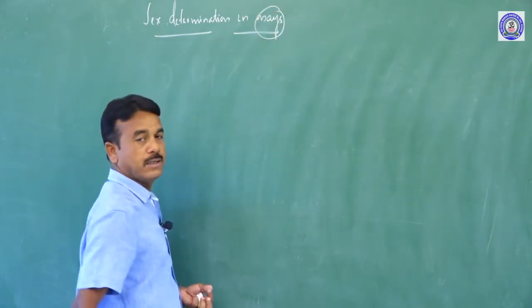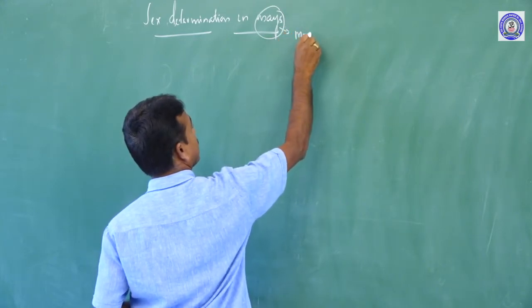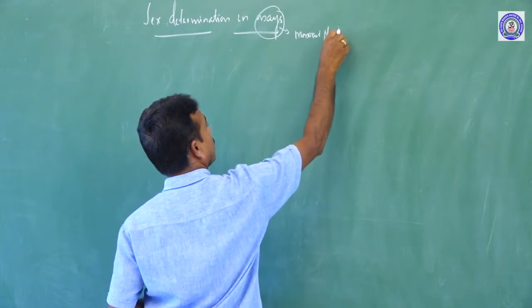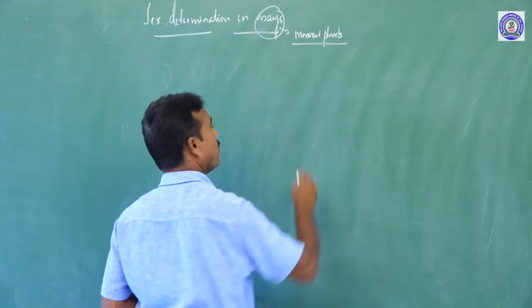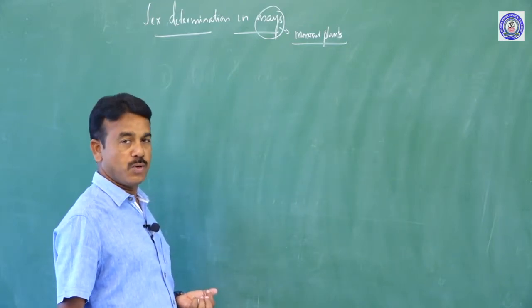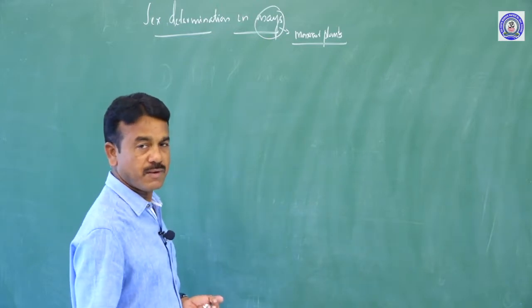Maize is commonly called a monocot plant. So, what are monocots? The plants which bear only one cotyledon. What is the binomial name of maize?